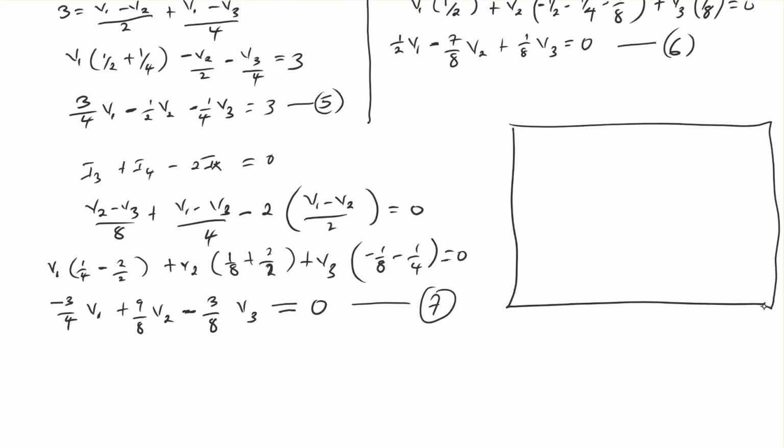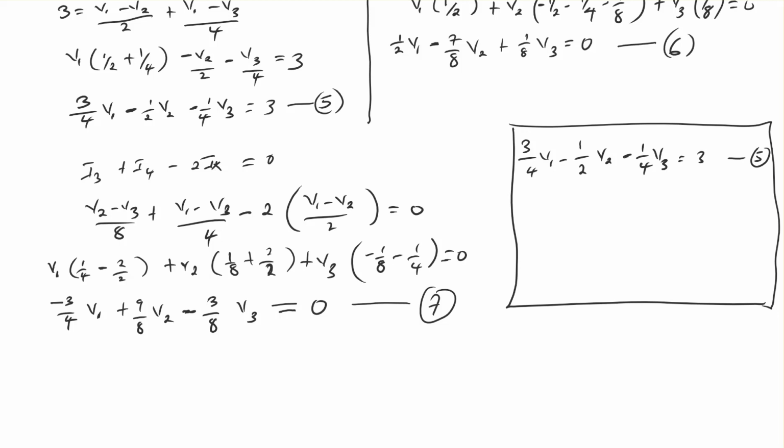The equations we'll be solving simultaneously are equation 5, 6, and 7. So we have 3 over 4 V1 minus 1 over 2 V2 minus 1 over 4 V3 equal to 3, equation 5, right?